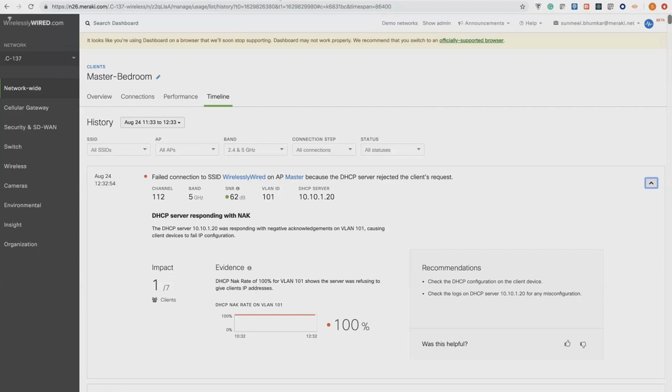We show you the impact, how many clients it's impacting. We show you the evidence, and then we go into the recommendations. So it's very easy to use and understand. Now, what you're seeing right now is from a client's perspective. This timeline is also going to be available on an AP level versus the client network level. So you can look at the corresponding context and point of view to understand what's happening on the network.